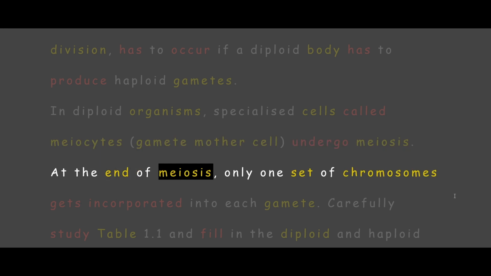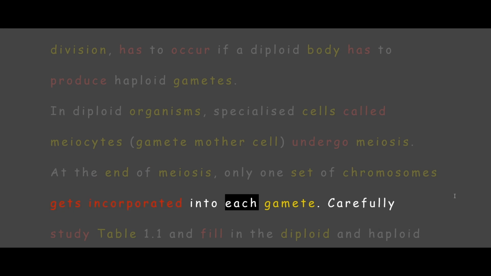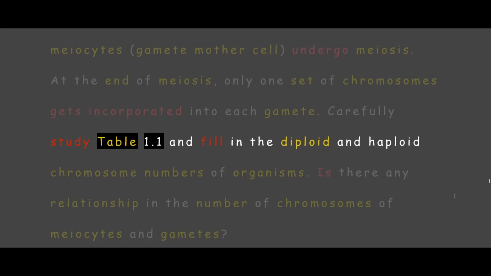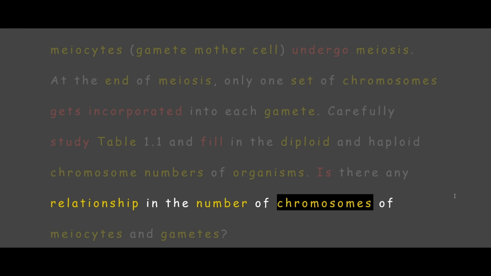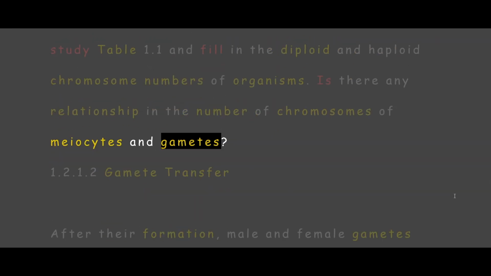At the end of meiosis, only one set of chromosomes gets incorporated into each gamete. Carefully study Table 1.1 and fill in the diploid and haploid chromosome numbers of organisms. Is there any relationship in the number of chromosomes of meiocytes and gametes?